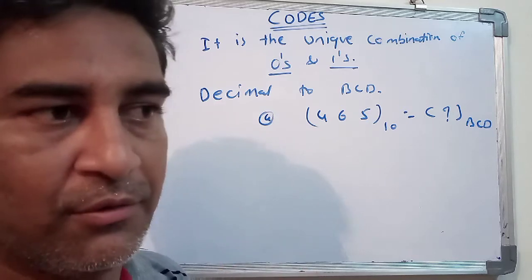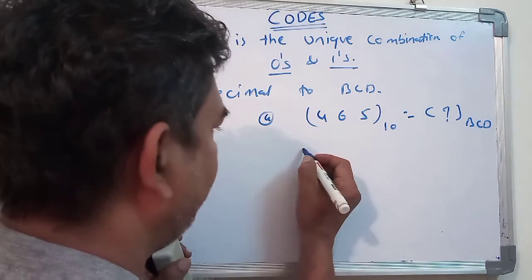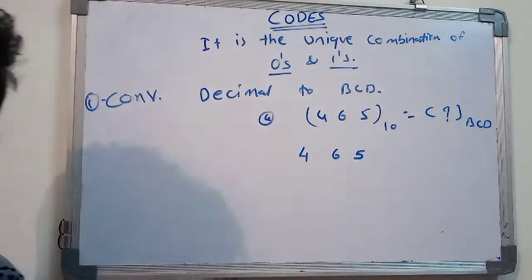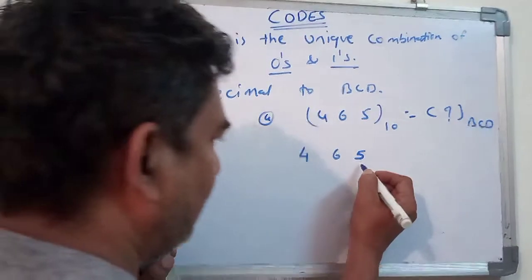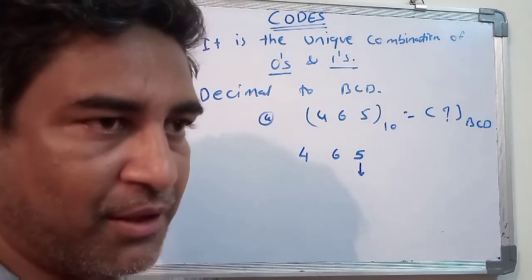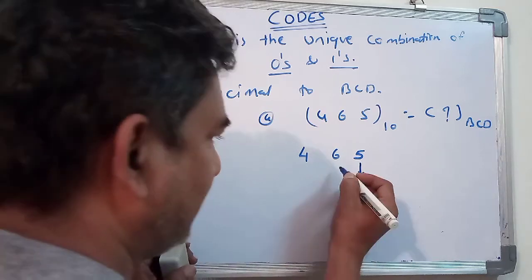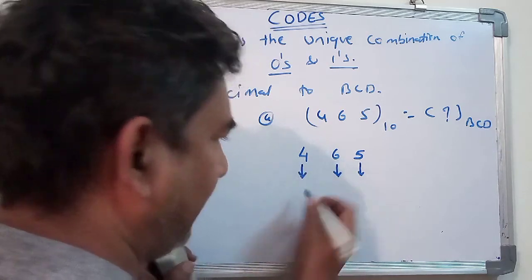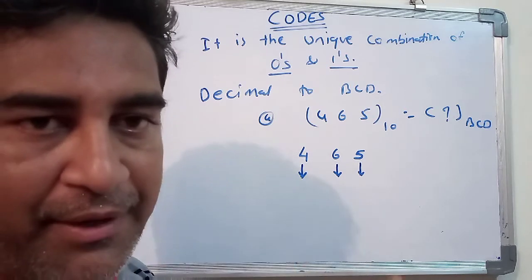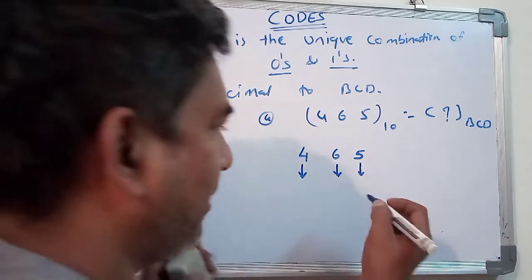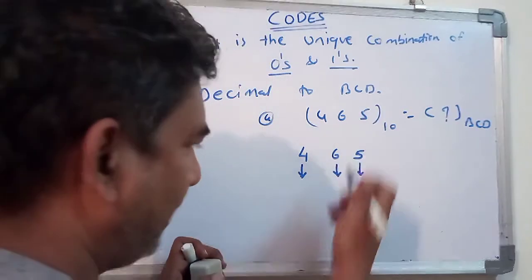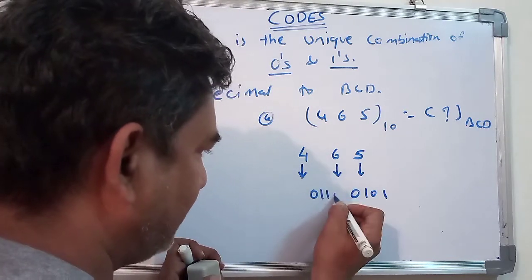Okay students, for the number 4 6 5, you have to write it down like this, and then, as in the previous class with the hexadecimal number, we make the arrow. The same arrow has to be written here. The 5 has to be written as a 4-bit binary number, that is 0 1 0 1. Then 6 is 0 1 1 0.